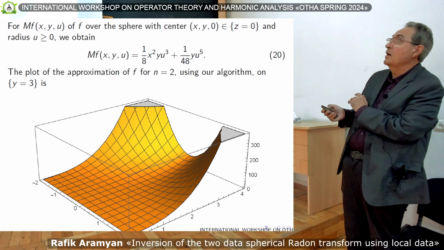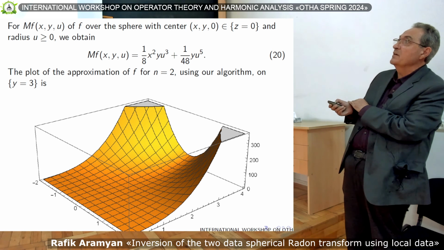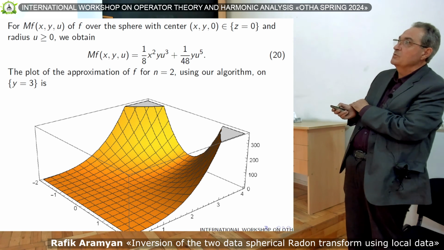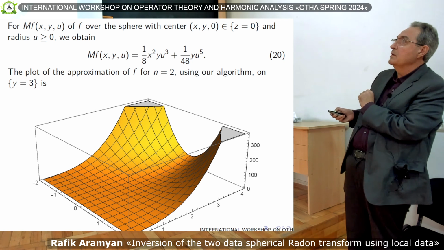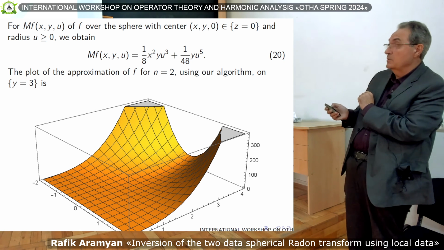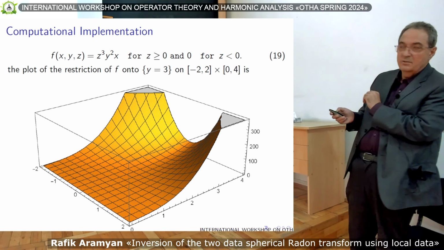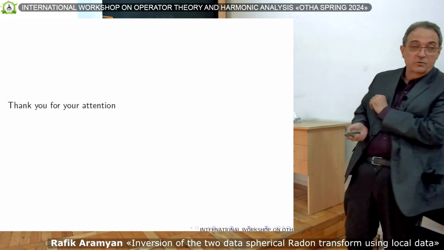And I try to approximate this function using the formula. I calculate the spherical means, which have the following expression, and you see the plot of the approximation just on the first step. The approximation is also very close to the original plot, but there is a little difference. Okay, so thank you for your attention.